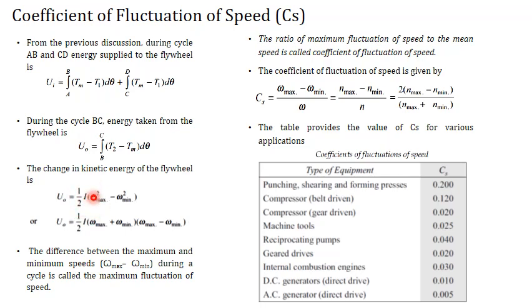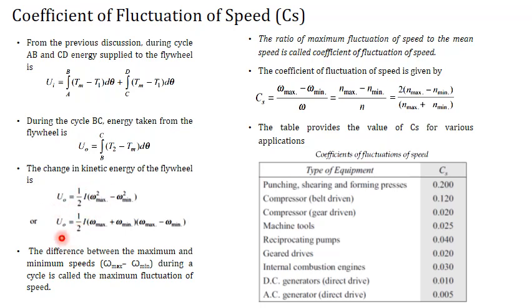Half I omega max square is the maximum energy of the flywheel, whereas half I omega min square is the minimum energy of the flywheel, where omega max is the maximum velocity attained by the flywheel and omega min is the minimum velocity which is recorded during the cycle BC. So the difference of this is the change in kinetic energy.